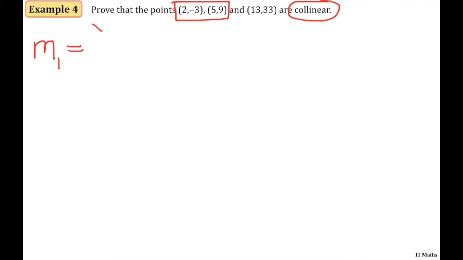Now my formula is y2 minus y1 over x2 minus x1, which equals, now the y value of the second point, I'll look at the points in order, y value of the second point is 9, minus the y value of the first point there is minus 3.